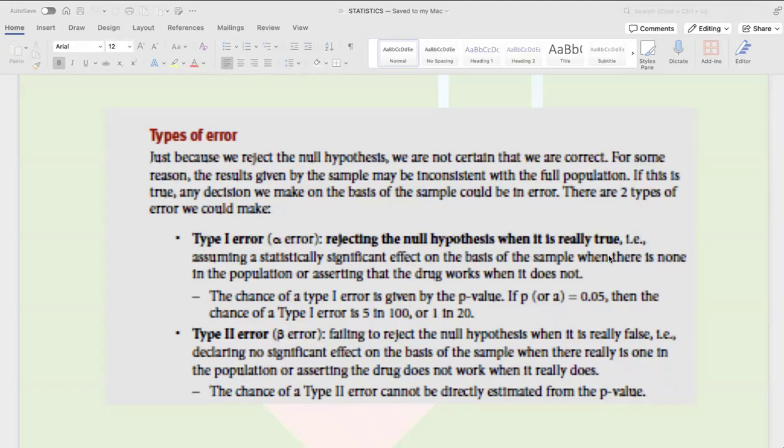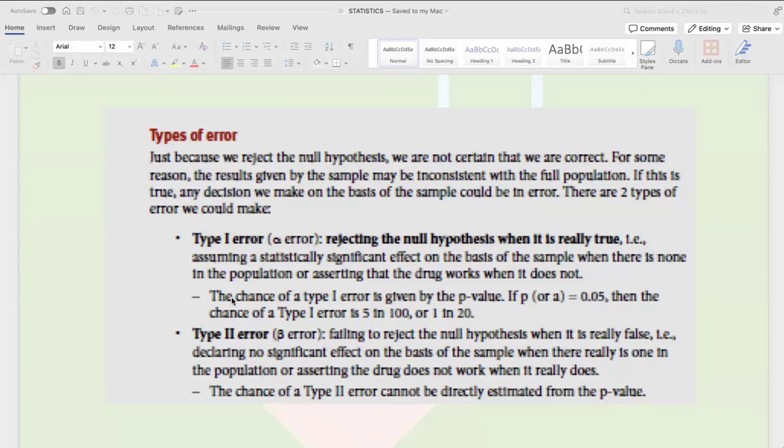You actually did not create any drug which is superior to others. The null hypothesis said that before, but you said, no, I'm rejecting it. So when you say that you have a statistically significant result, but actually you don't, that's type 1 error.